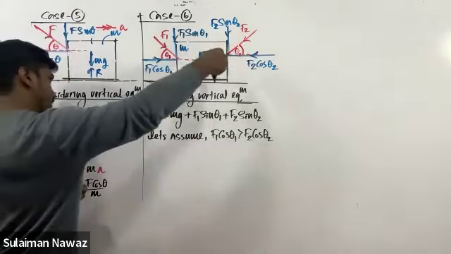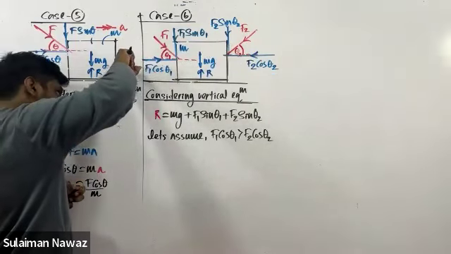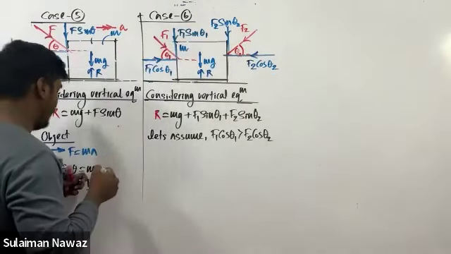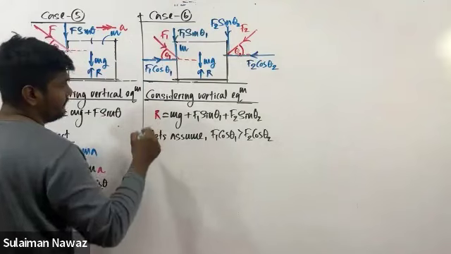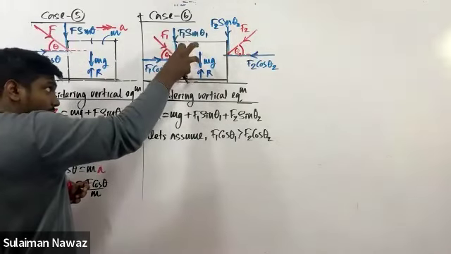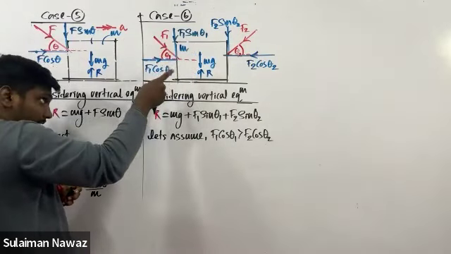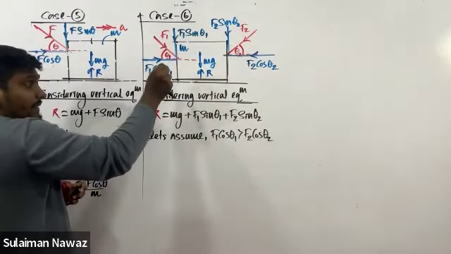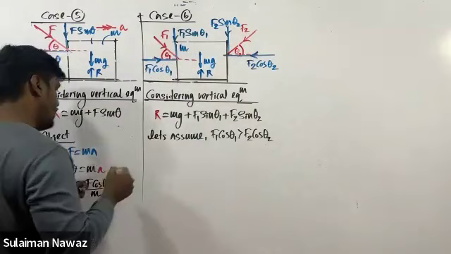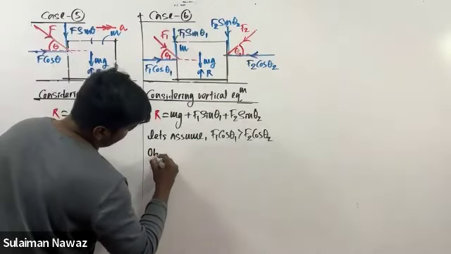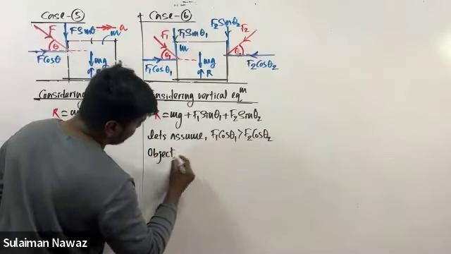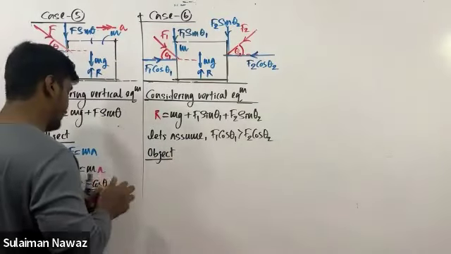The resultant is in the right direction, just 2 Newtons. Then we can apply F equals ma, because there's a resultant force acting on the object in the right direction. Whenever there is a resultant force, the object must undergo acceleration. Therefore, I can apply F equals ma in the right direction.